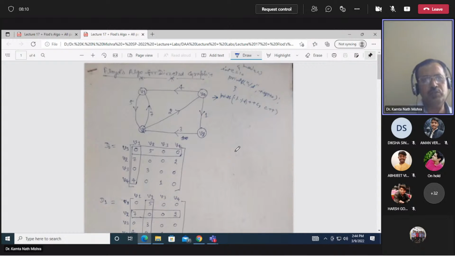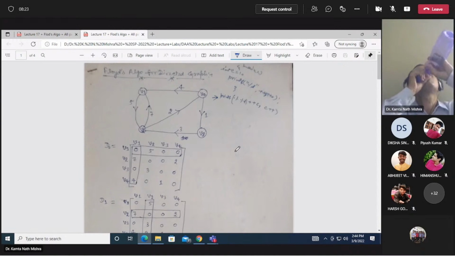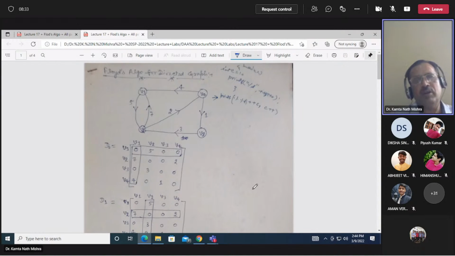Now, these four rules were applicable in Warshall's algorithm for all-pairs shortest path. Now rule 5 will be there in the case of Floyd's algorithm, and rule 5 says that always the left diagonal will be 0. And you see, Floyd's algorithm we can use for a directed graph as well as for an undirected graph.